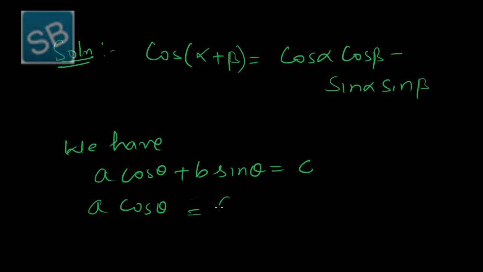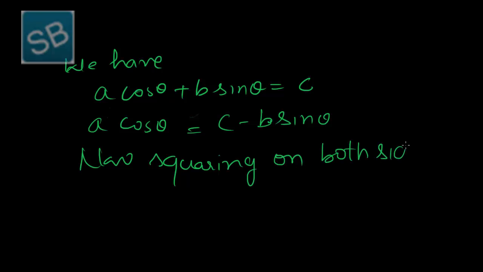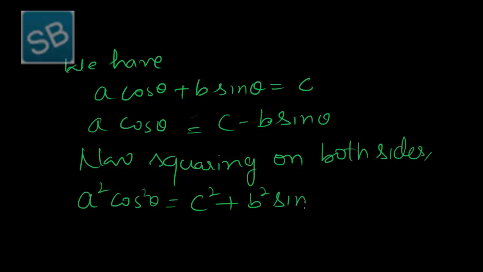First, we will express the whole expression in the form of sin function. Now, squaring, we get a square cos square theta plus b square sin square theta plus 2ab sin theta cos theta is equal to c square.